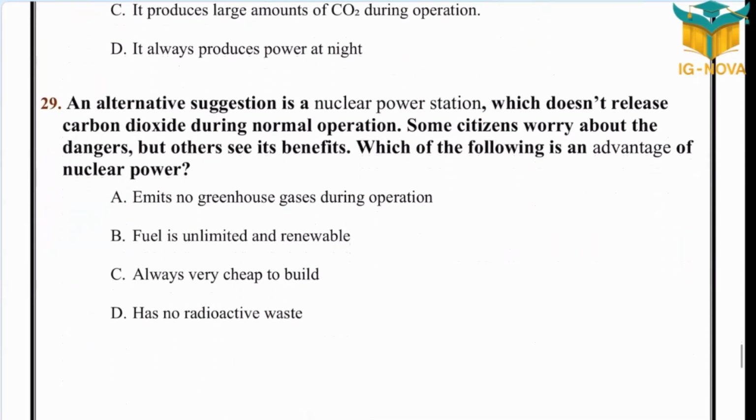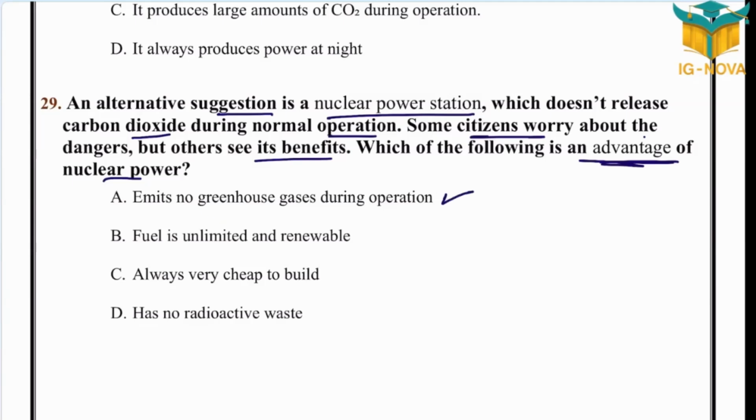Question 29. An alternative suggestion is a nuclear power station, which doesn't release carbon dioxide. It's true during normal operation. Some citizens worry about the danger, but others see its benefit. Which of the following is an advantage of a nuclear power station? Nuclear power stations have a lot of advantages. The big one is that it emits no greenhouse gas.